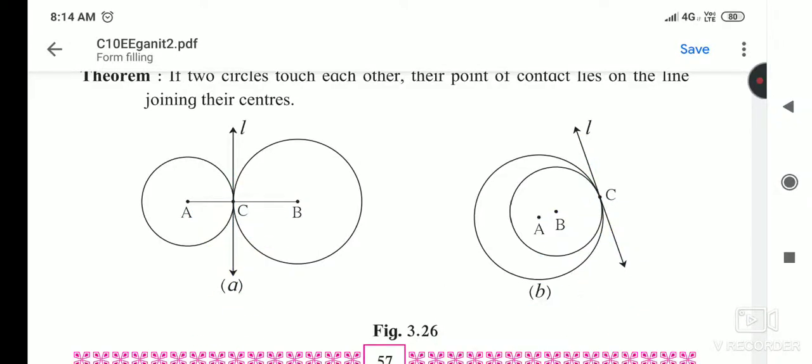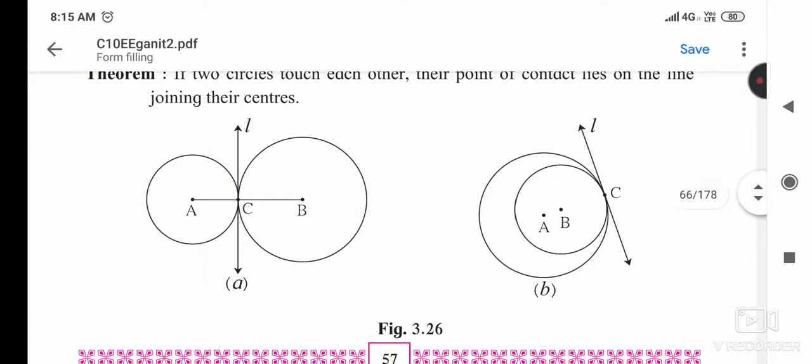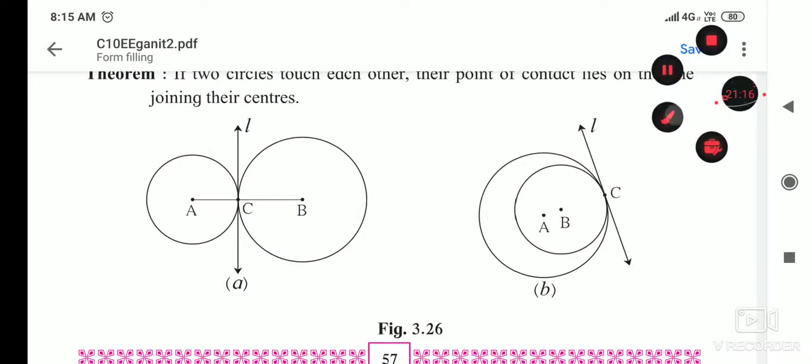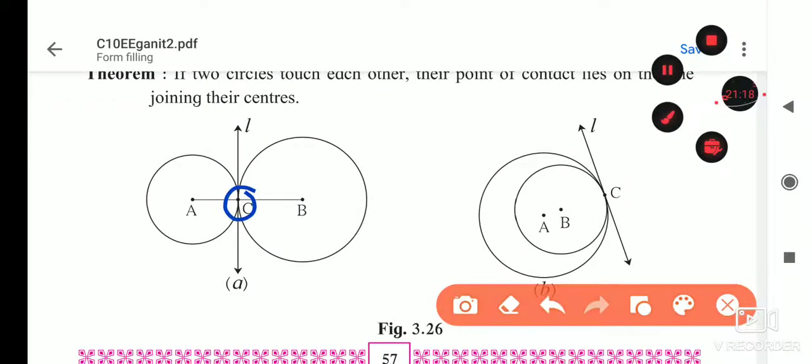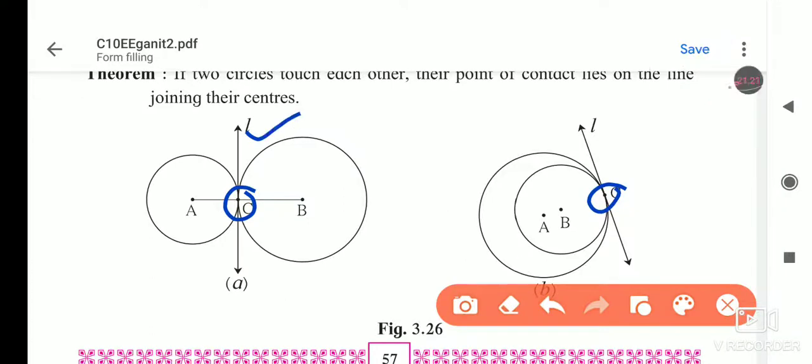So they are perpendicular, and from this we say that through the point C, only one line perpendicular to the line L can be drawn. So the points A, C and B are collinear, meaning they lie on one line.